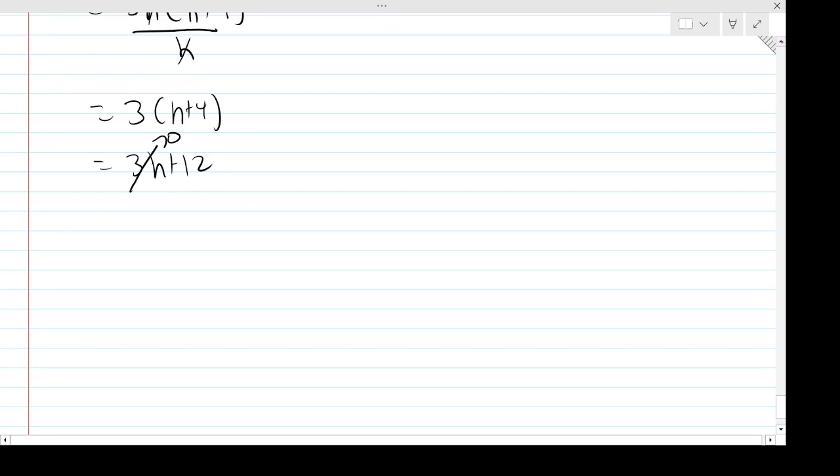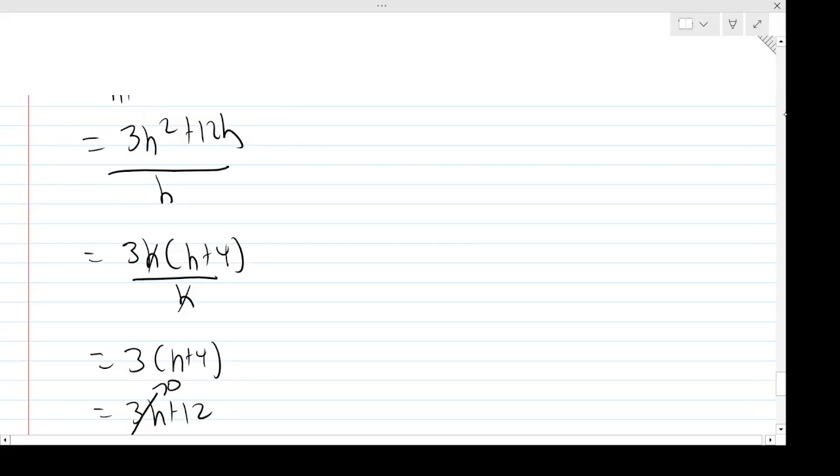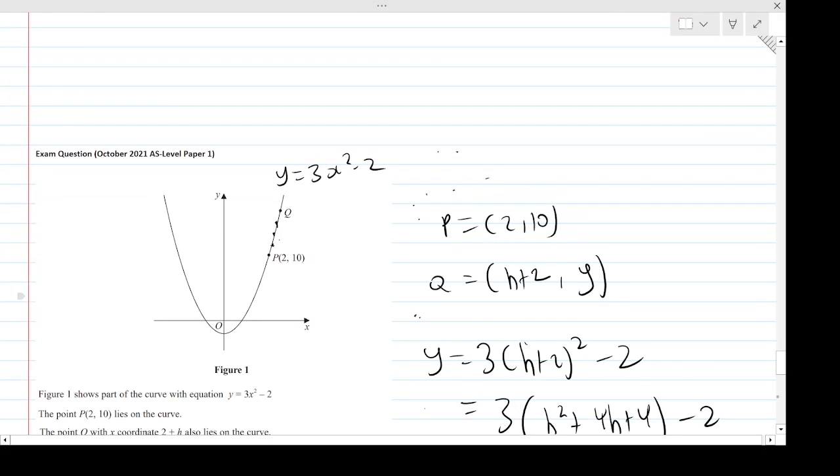So quite reasonably, you'd say that the gradient at the point P on the curve would be 12, in the long run. Eventually Q would be next to P, and so that tells us the gradient would be 12, okay? And you would be right in saying that.